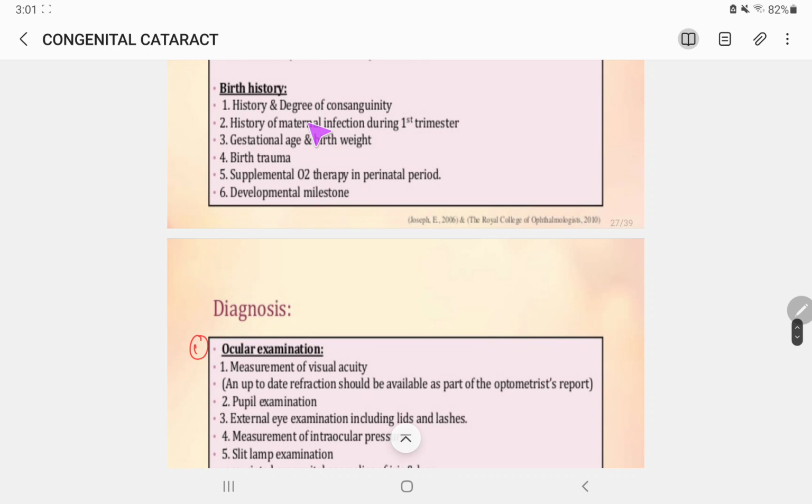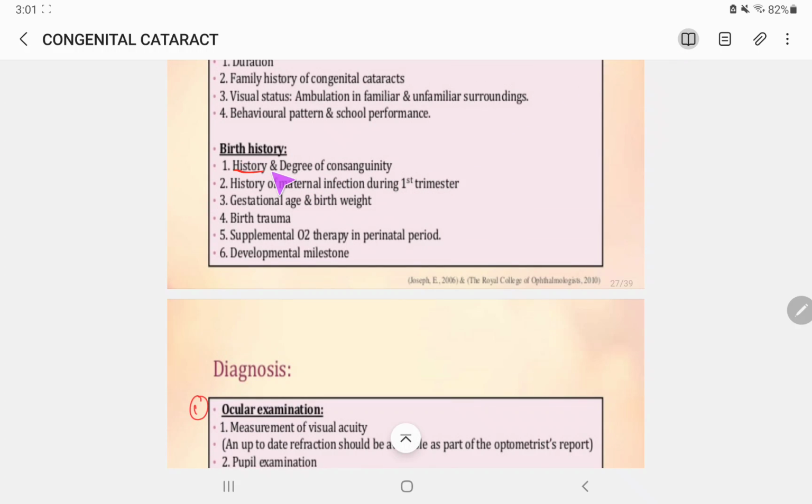Birth history and degree of consanguinity. Consanguinity history is also very important. Then history of maternal infection during the first trimester, or as we discussed earlier, the second month, any kind of infection.